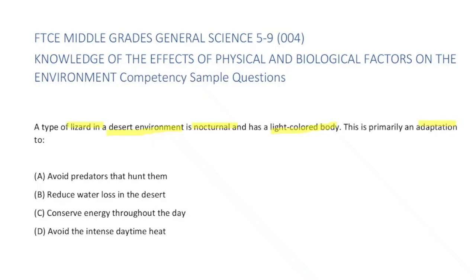So when we think about this, by being nocturnal and having a light-colored body, the lizard is minimizing its exposure to the desert's intense daytime heat. While all the other options could be secondary benefits of these adaptations, the primary reason is to cope with the extreme heat. Therefore, D, avoid the intense daytime heat, is the correct answer.